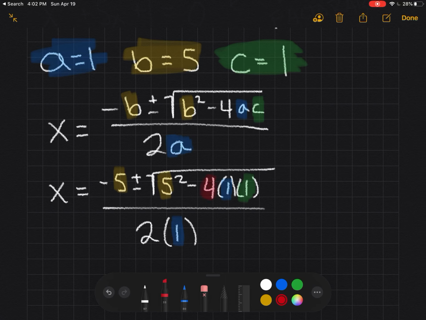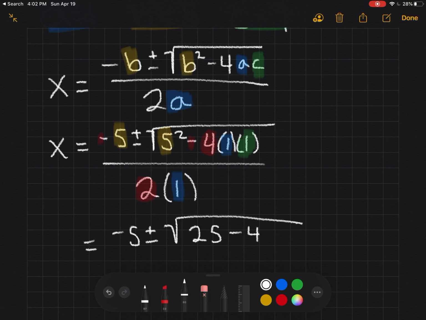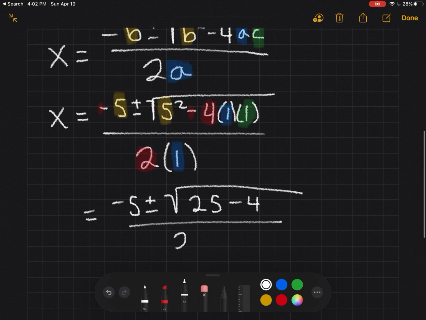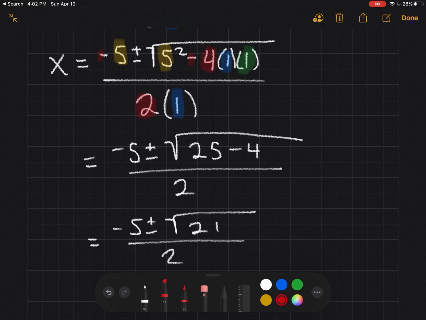And again here, this 1 is coming from a, this 5 is coming from b, and this 1 is coming from c. And the rest of these values are coming from the formula. So all we have to do now is clean this up a little bit.